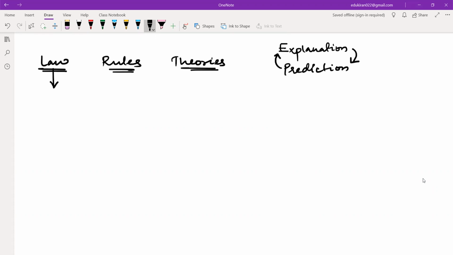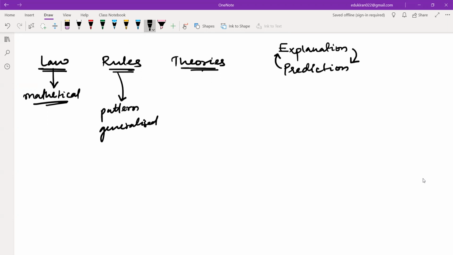A law is anything that is mathematical in nature. You will find equations for it. A rule is something where you saw a pattern and then generalized it. Now theories.